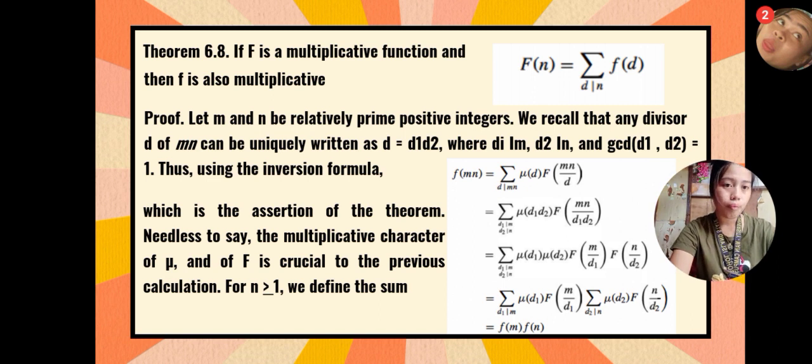So it will come up with f(m) f(n), which is the assertion of the theorem. Needless to say, the multiplicative character of μ and of the capital letter F is crucial to the previous calculation.